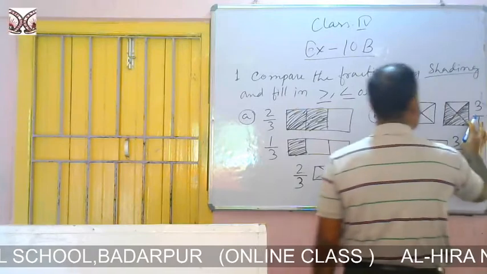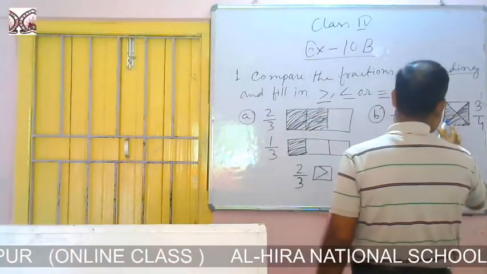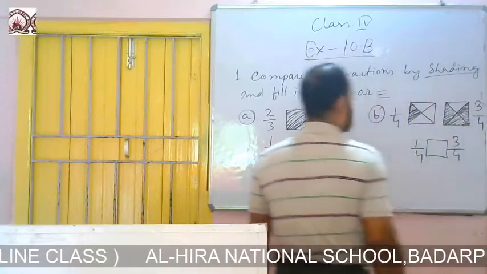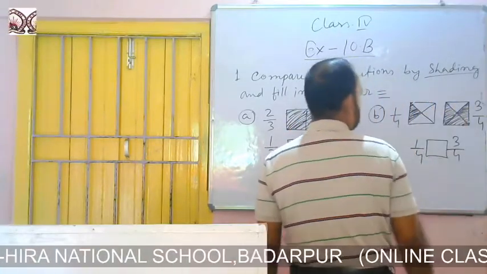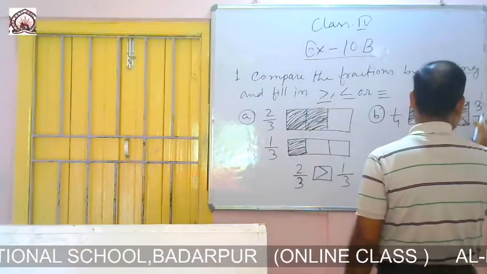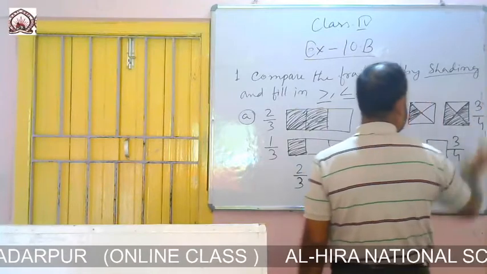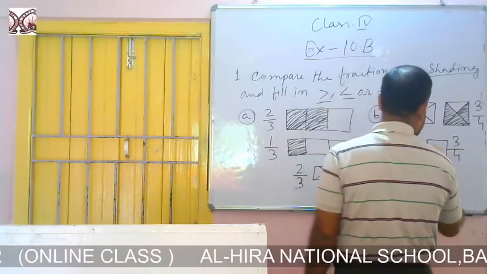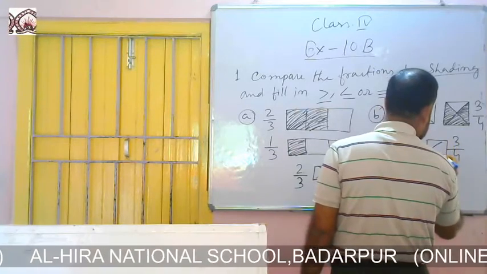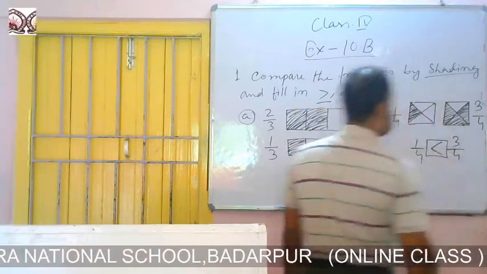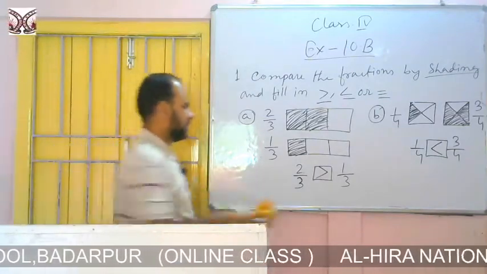So by looking at these two we can easily understand this one is bigger, greater. So this 3/4 is greater. So we write 1/4 is less than 3/4.